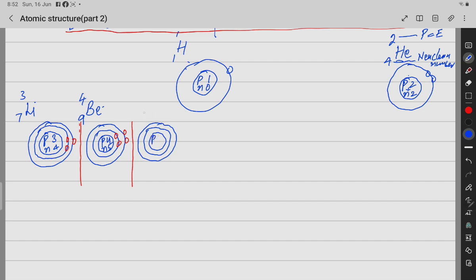Boron, 5 and 11. Proton 5, neutron 6. The first shell has 2 electrons and the second shell has 3 electrons.